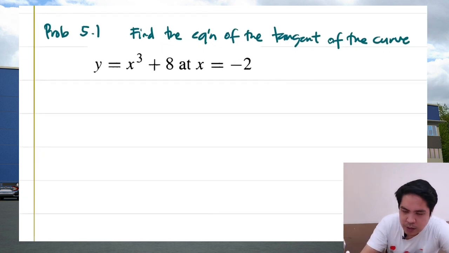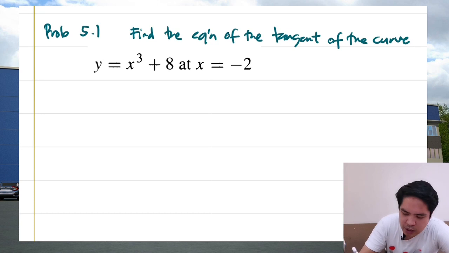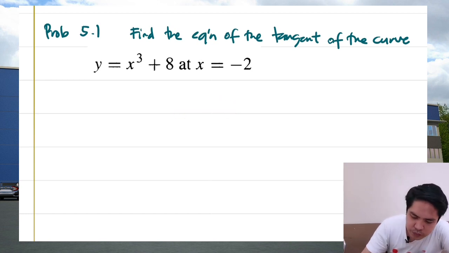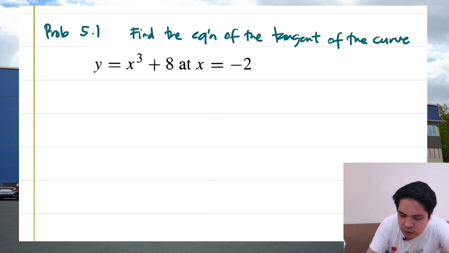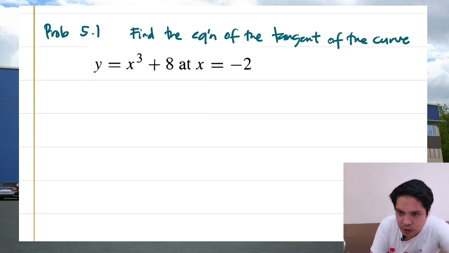So madali lang naman. Again, our concept lang na ginamit dito is that y prime is just equal to the slope of the tangent. Okay? So this is easy as getting the first derivative of this curve or this function.